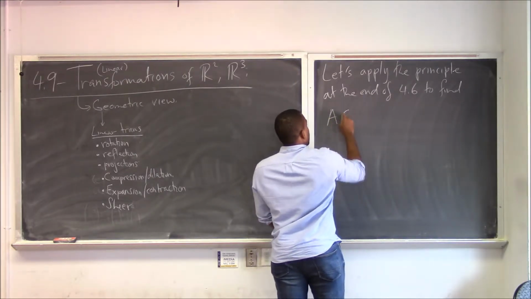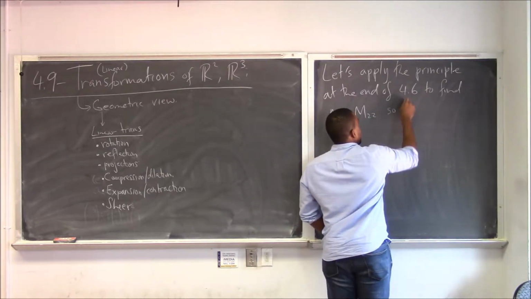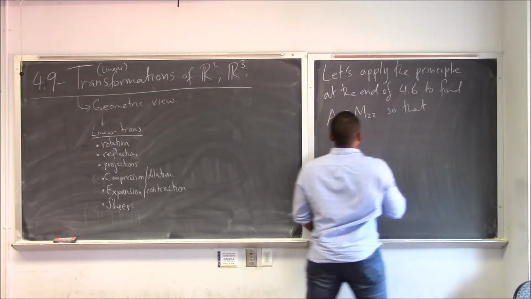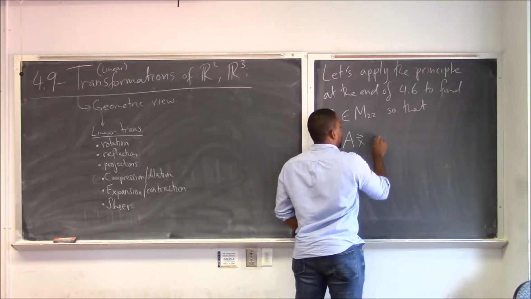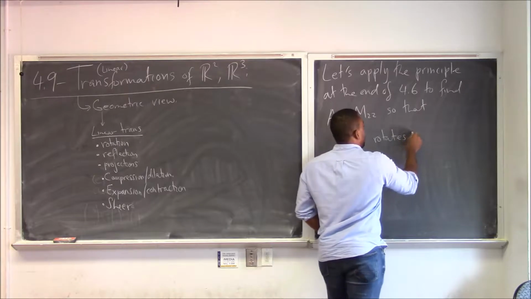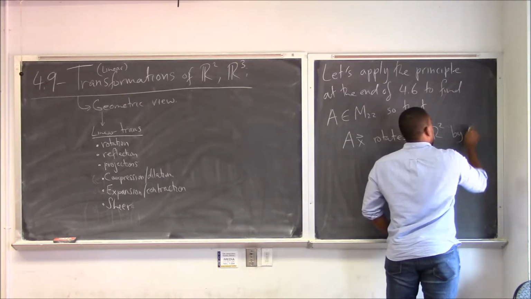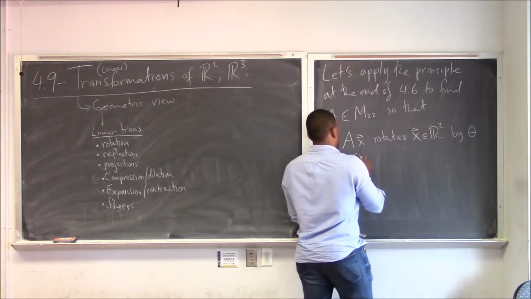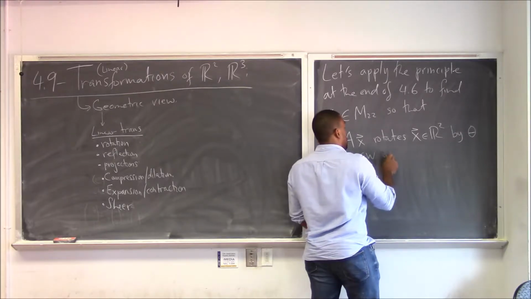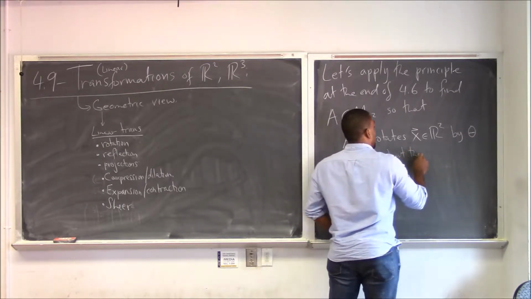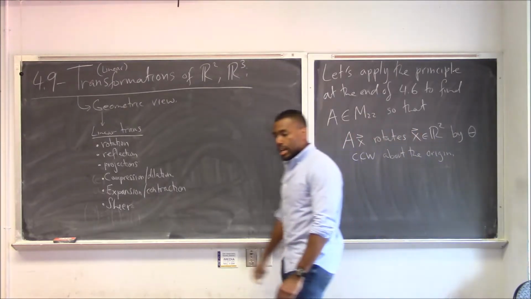To find a matrix A in M_2x2 so that Ax rotates the vector x in R2 by theta counterclockwise about the origin. Okay, so let's figure out what this guy would have to look like.